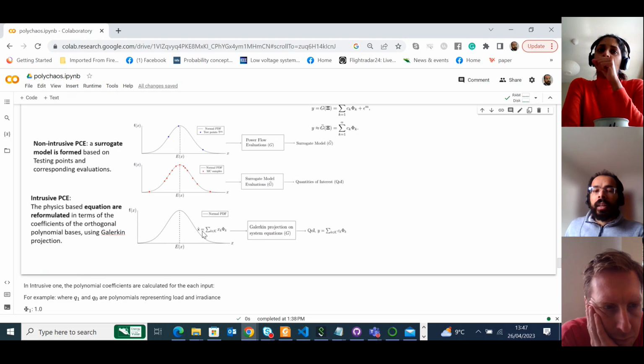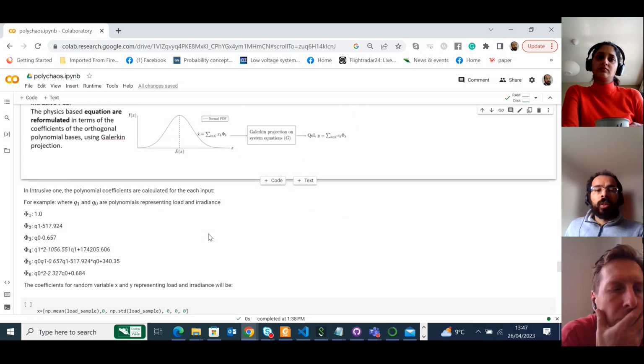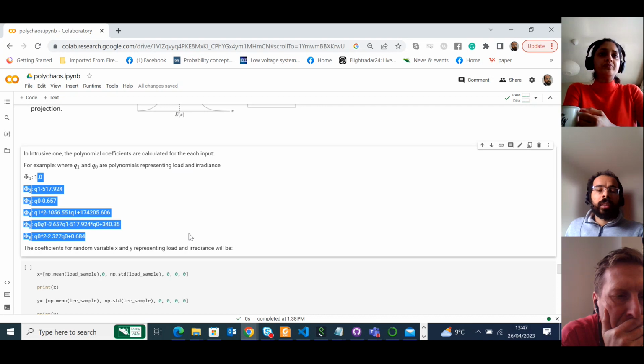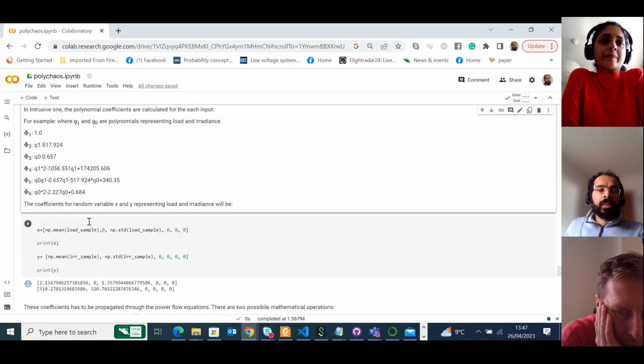For our case, we had load and irradiance, so we created those multivariate polynomials. And what we want to do is write that input in terms of those polynomials. Here, these were the polynomials, if you remember. So we had these 6 polynomials.